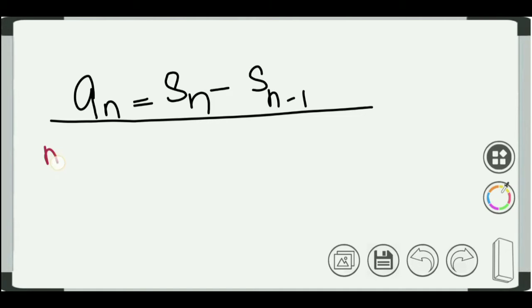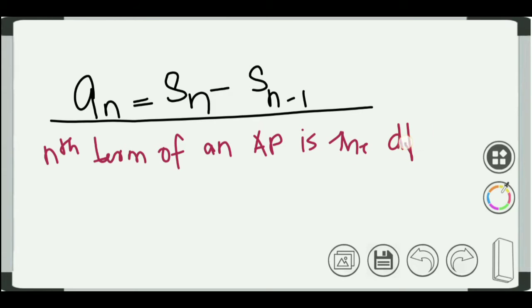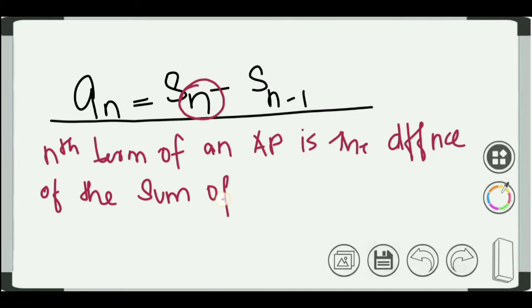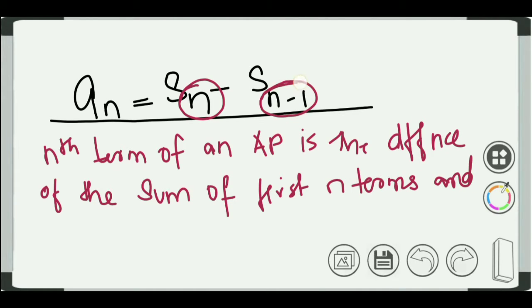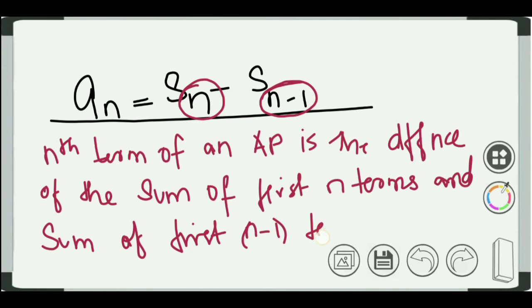So you can write like this: nth term of an AP is the difference of the sum of first n terms and the sum of first n minus 1 terms, that is an is equal to Sn minus Sn minus 1. So you can note this formula.